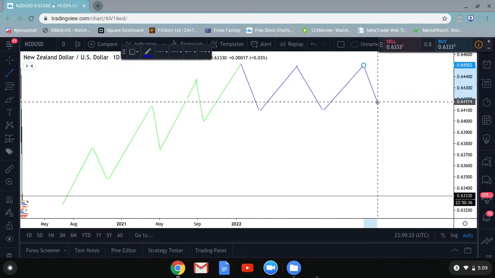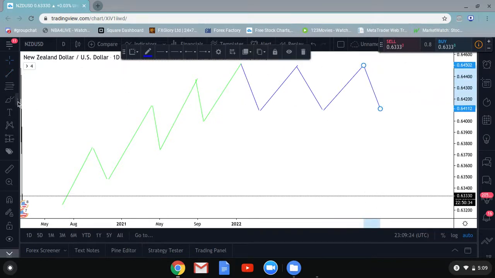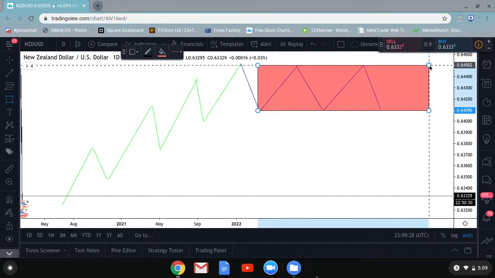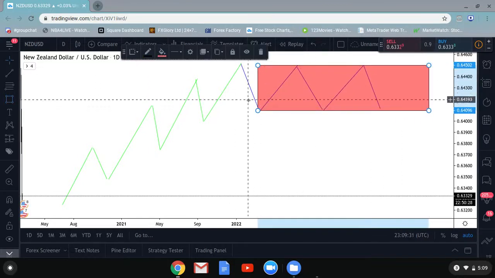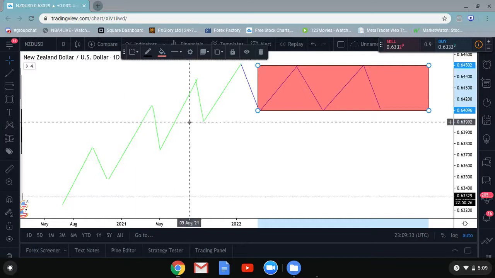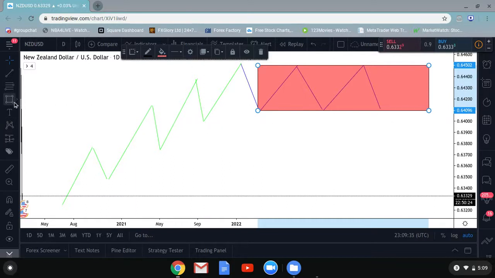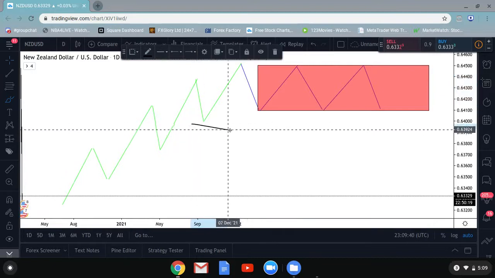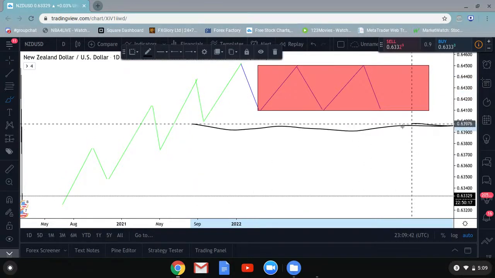It could try to come down, and let's put our box up here. Price, because they know that traders are going to have their stops below that previous higher low.